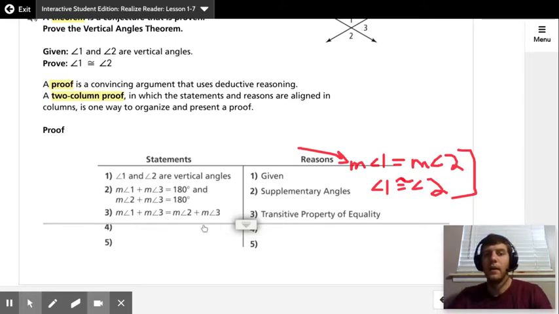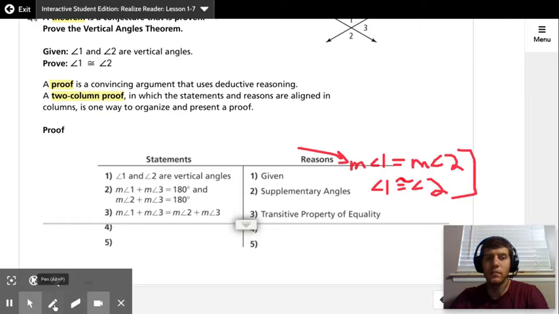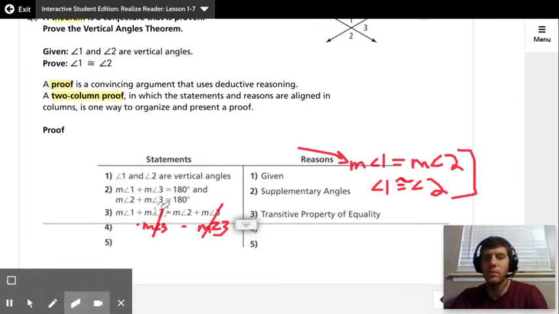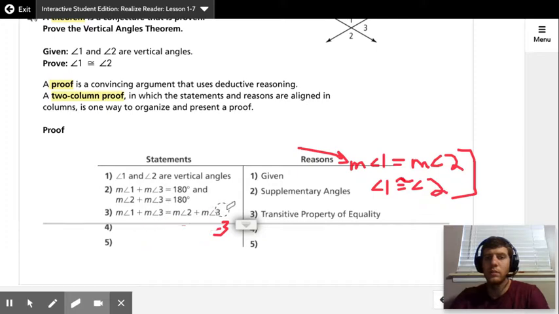Then they're going to subtract the measure of angle 3 from both sides. If you subtract the measure of angle 3 on this side, we subtract it on that side too. Those are going to cancel, and you're left with the measure of angle 1 equals the measure of angle 2.